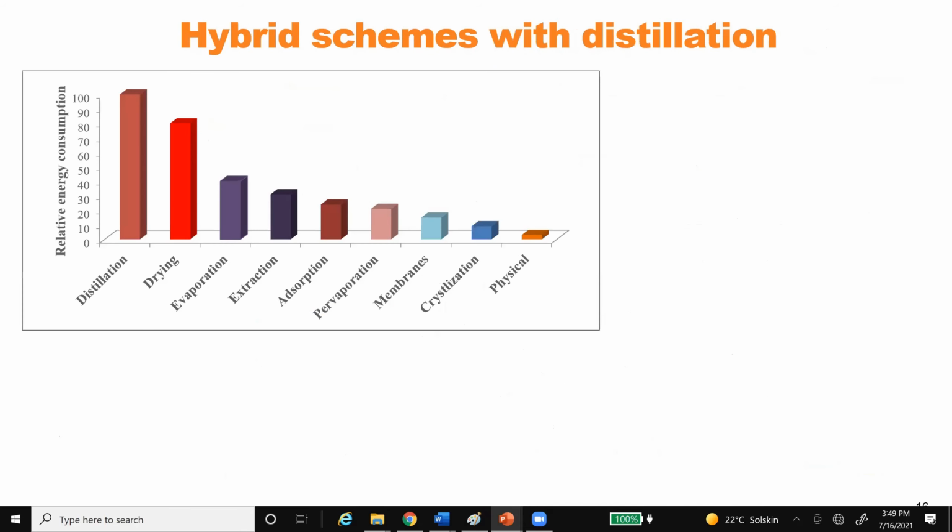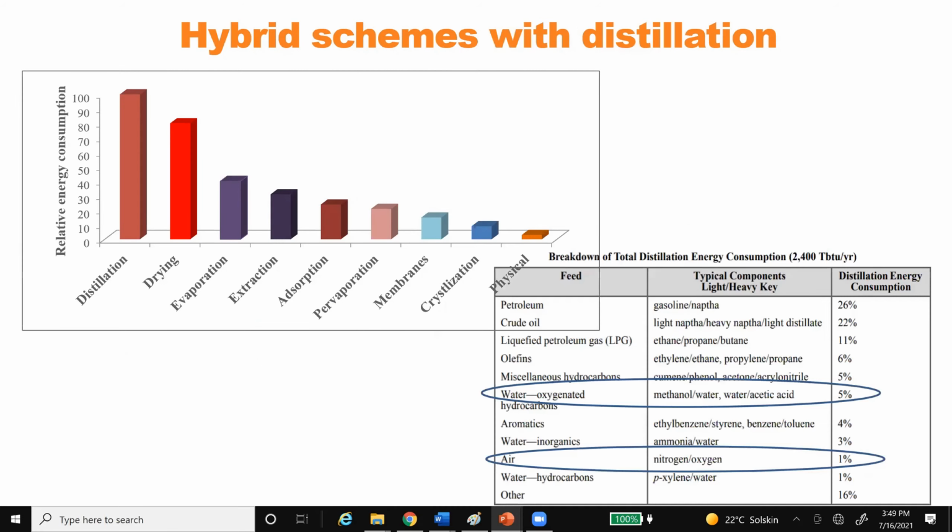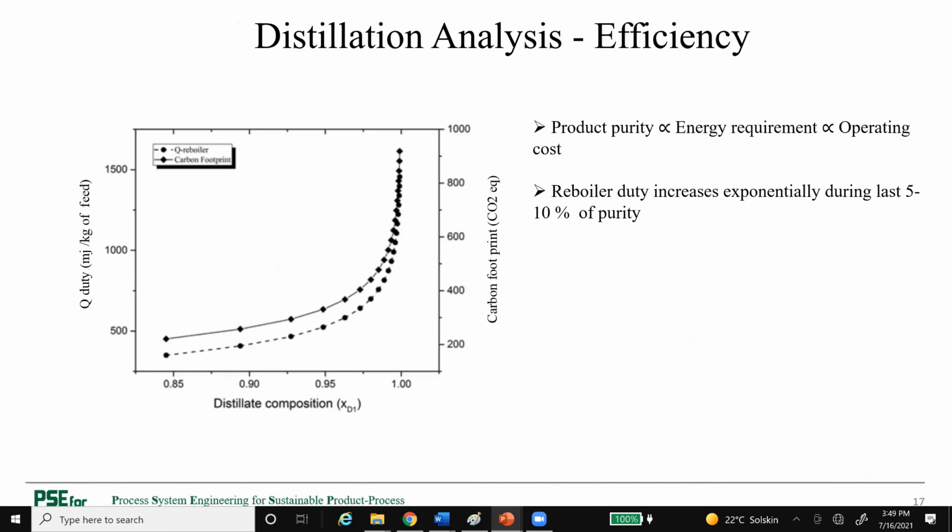Now let's go back to the distillation, where I will show you very briefly how the hybrid systems, distillation with membrane, can be obtained. I've talked about this, so let's skip. So now we are talking about that if we want to combine distillation with membrane into a hybrid, distillation must operate at its highest efficiency and membrane must operate at its highest efficiency.